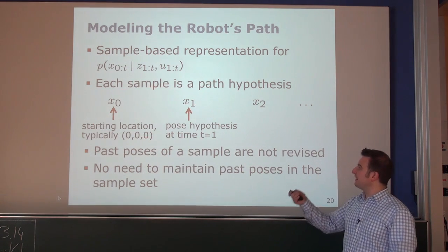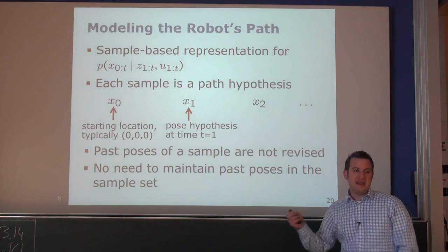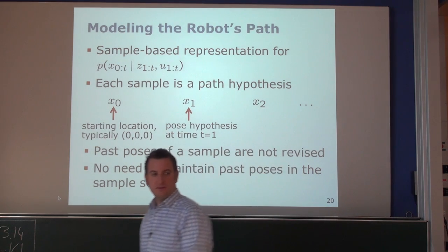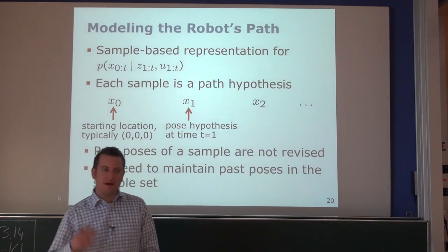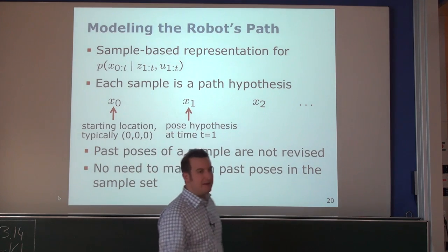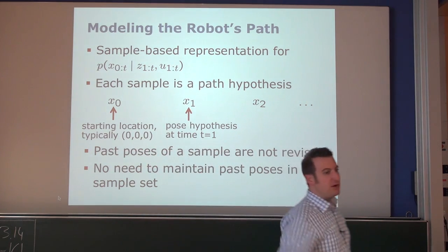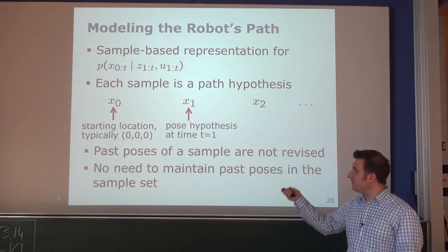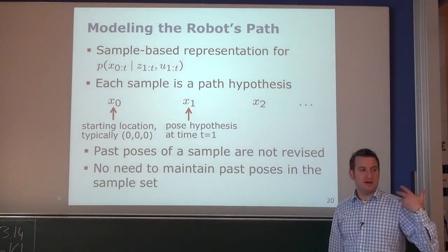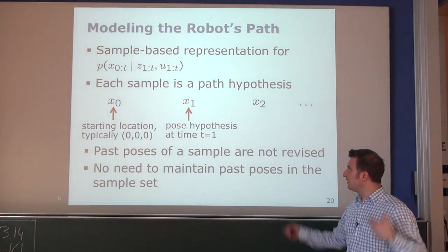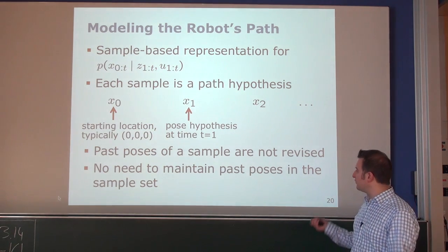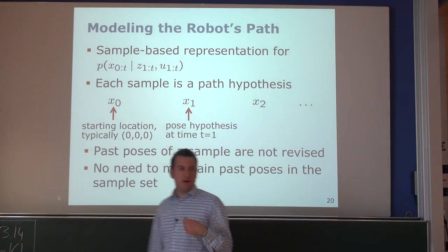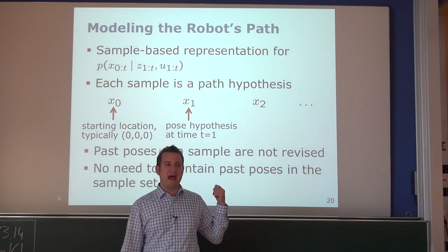So as a result, in practice, I do not actually need the past trajectory of the robot, because I build a map on the fly. I'm only interested in the next pose. So I do not need to maintain the previous positions where the robot was in my sampled belief. As a result, in the sample set, I only represent the current pose of the robot, because the past is not revised.